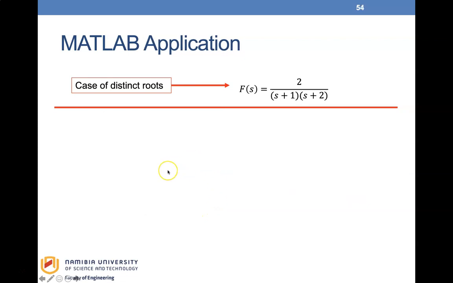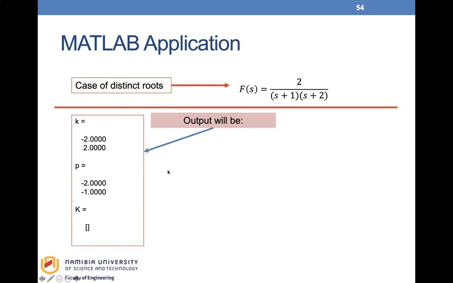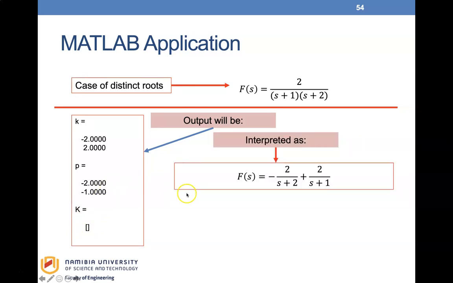So when you put this in Matlab and you run the code, this is what you get. You will get k equals -2 and 2. You get your poles equal to -2, -1, and then you get your direct term to be 0. So how do you interpret this? You interpret this by writing your equation F of s equals -2 over s plus 2 plus 2 over s plus 1.